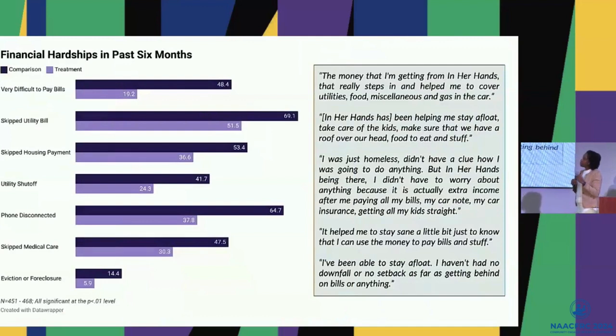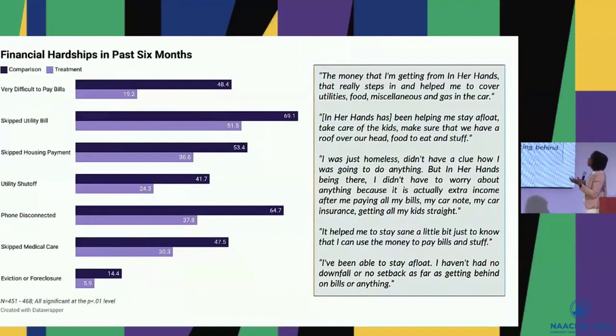In regards to the financial hardships that they experienced 6 months into the program, we'll see that of the treatment group, 51% skipped a utility bill versus the comparison group that had skipped the utility bill at 69%.